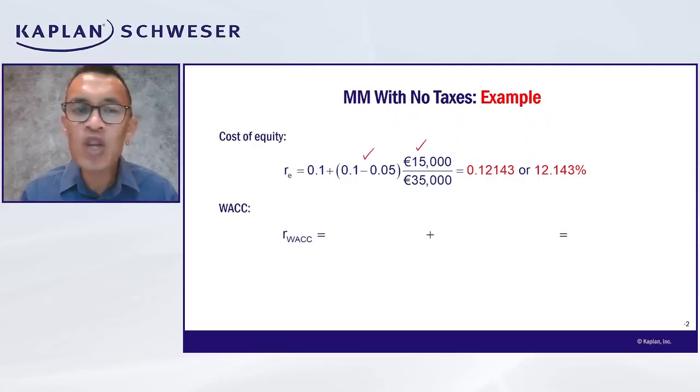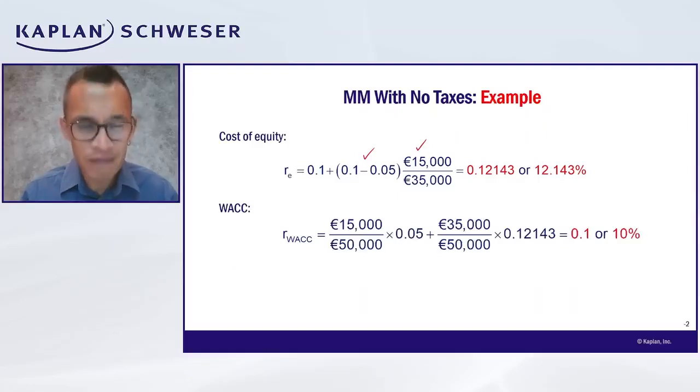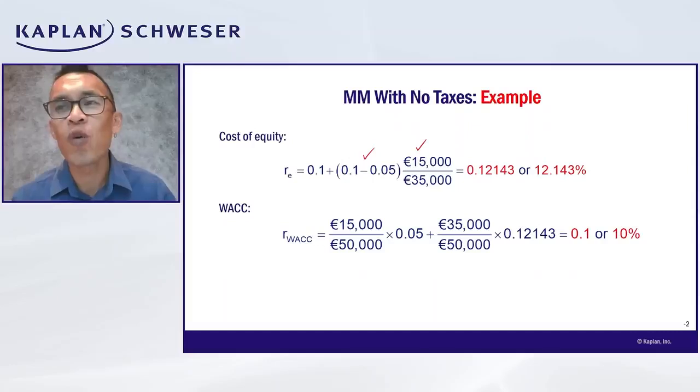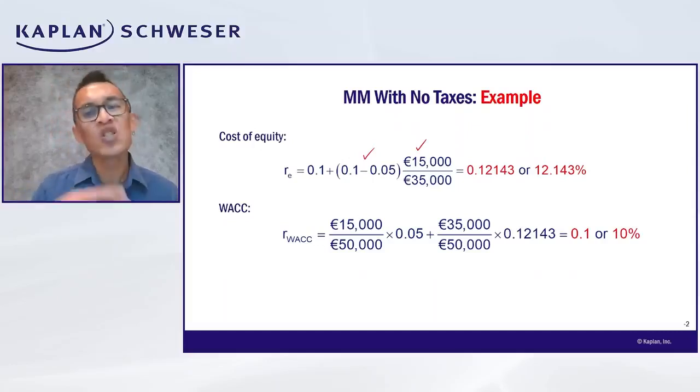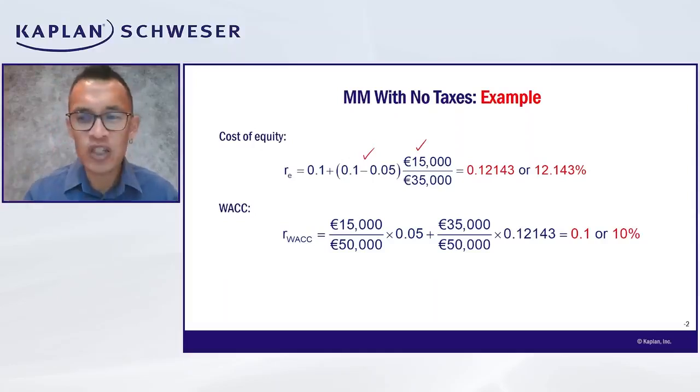So applying the relevant weights, you can see that we're going to get 10% for WACC as expected. So there's your proof of the constant WACC.